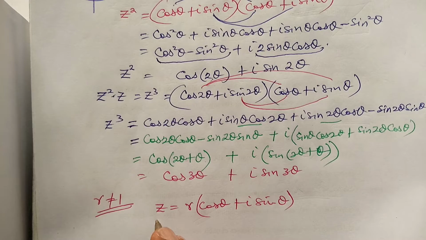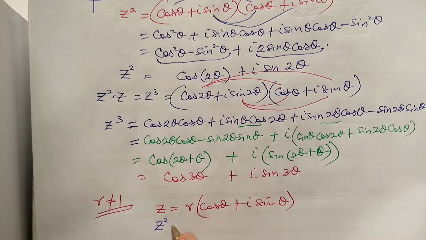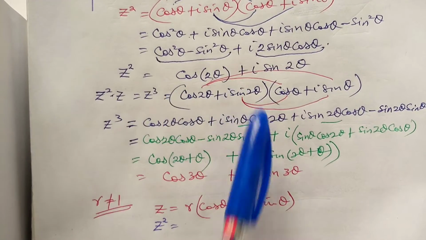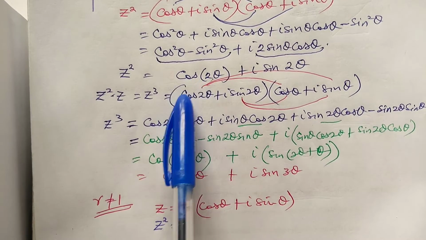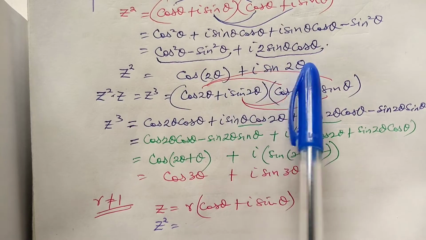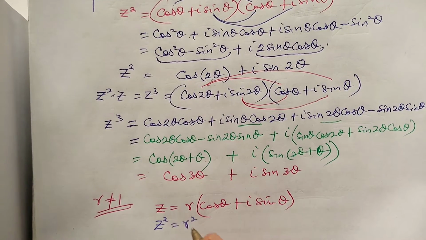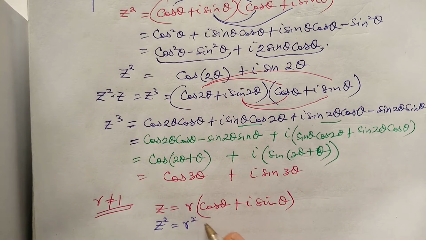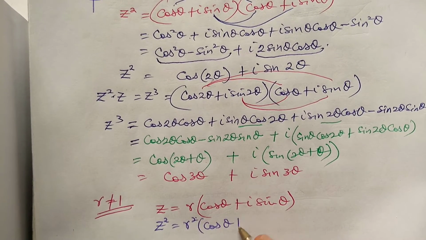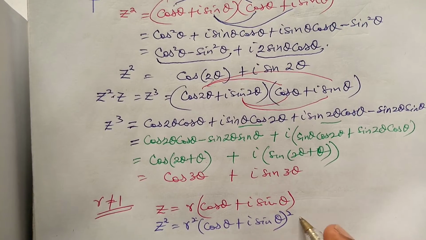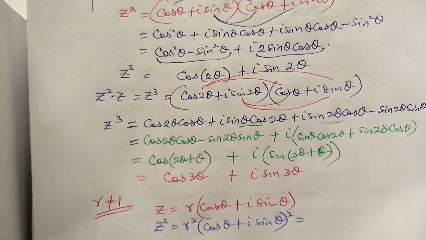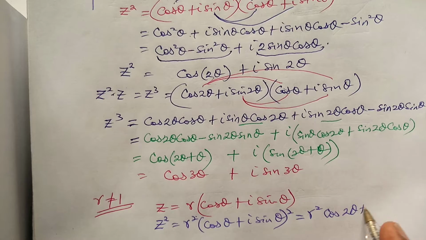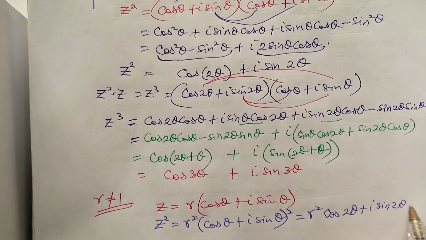We have done the multiplication before, so our z squared will be r squared, because we are multiplying r by r, times cos 2 theta plus i sine 2 theta.